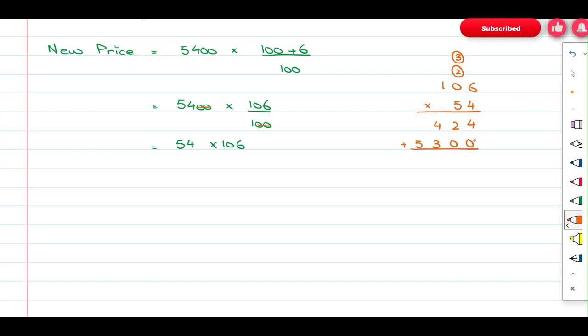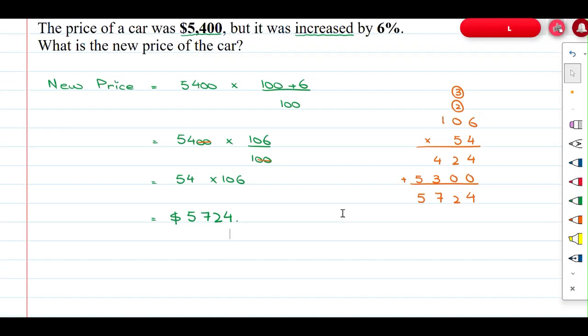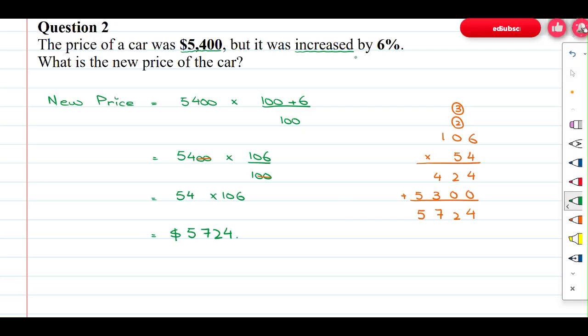Add it. It's 4, 2, and 4, 5, 6, 7, and 5. Okay, so the simplified answer is $5,724. Now this is the new price of the car when the price is increased by 6%.